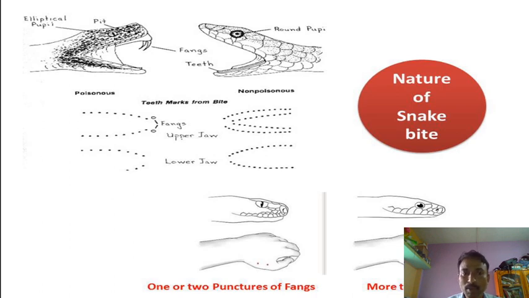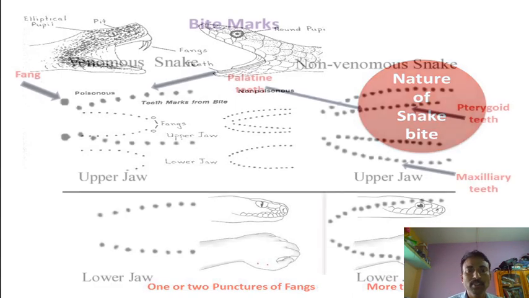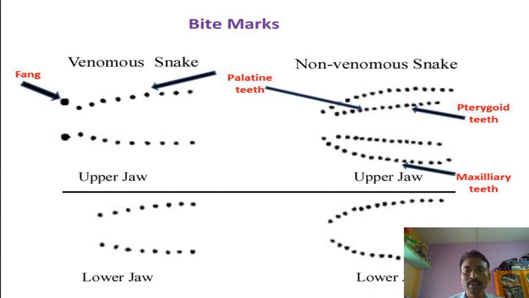But in the case of a poisonous snake, there is a single line of bite marks along the anterior, with two larger fang marks. These fang bites indicate a poisonous snake. This is how we identify the bite, poisonous and non-poisonous. Here we clearly see the venomous bite and non-venomous bite.